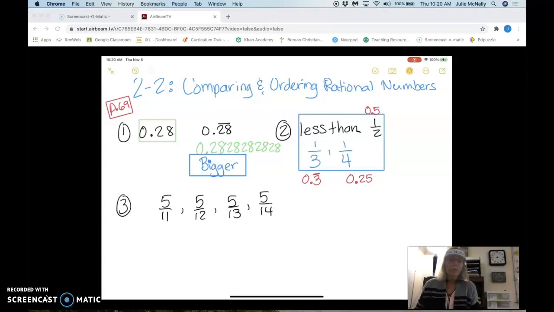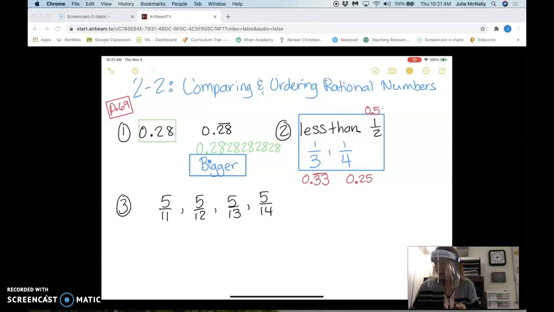So when we're looking at decimals like this, to compare them, we want them all to be the same length. And I noticed that my 0.25 is 2 places after the decimal, but the other ones are only 1 place after the decimal. So I need to make the other ones have 2 places after the decimal. So I'm going to add a 3 to this one because it's got that repeating 3.